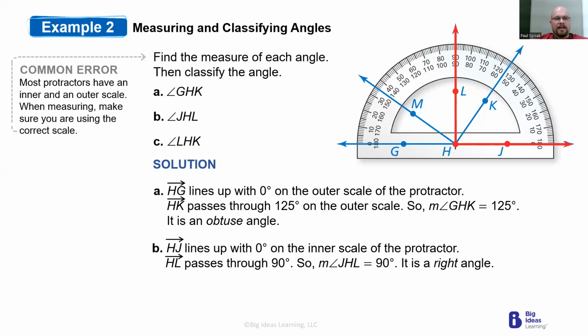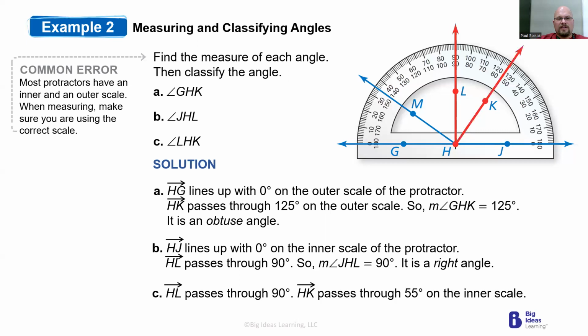The last one, LHK. Now this one, a little bit tricky. There's LH. Here's HK. Neither one goes through 0, but again, we can subtract. So whatever ring you use, whether it's the inside or the outside ring, just make sure you look at both numbers from the same ring. Now, the one's at 90, so no matter what, we have 90, but we're going to subtract that either from the bigger number or subtract the smaller number from that one.